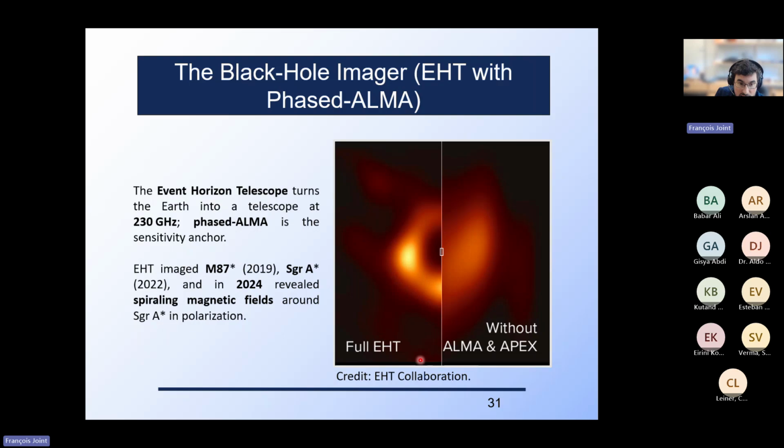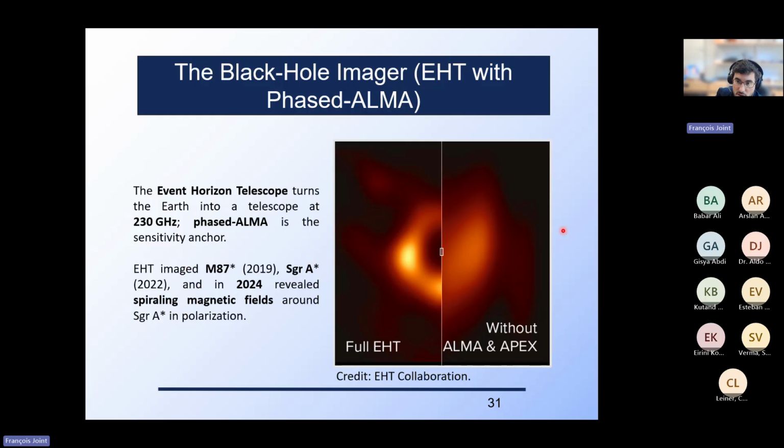And I think the most mediatic result of ALMA recently is the Event Horizon Telescope. The EHT is a millimeter VLBI telescope at 230 gigahertz, band 6. It used ALMA, phased into a single big dish that boosts the sensitivity of the EHT across a full array.